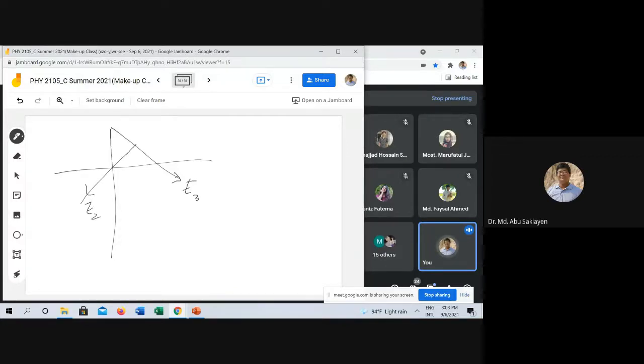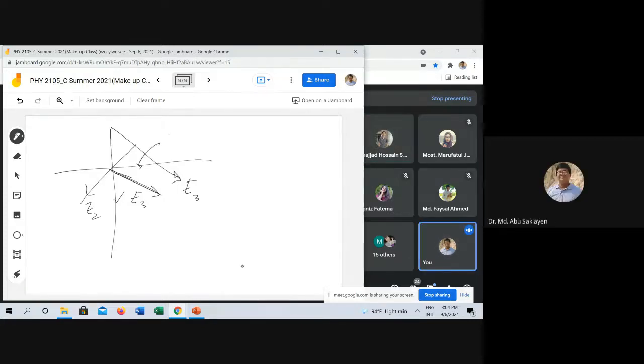Now bring this here, take it here, parallel. This is E3 and it has two components. One is along the X-axis and one is along the negative Y-axis.